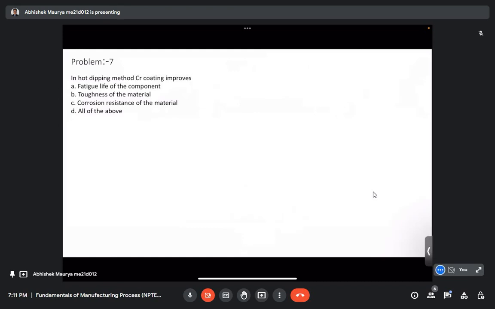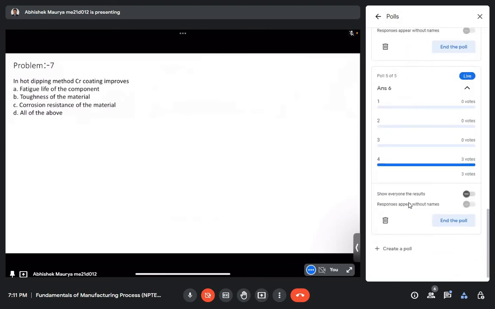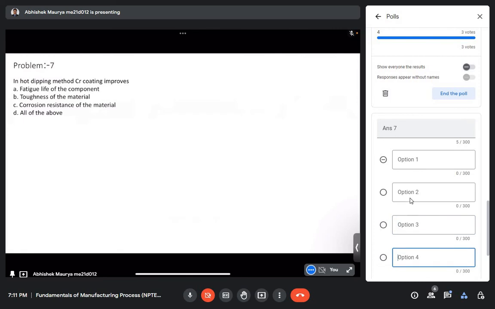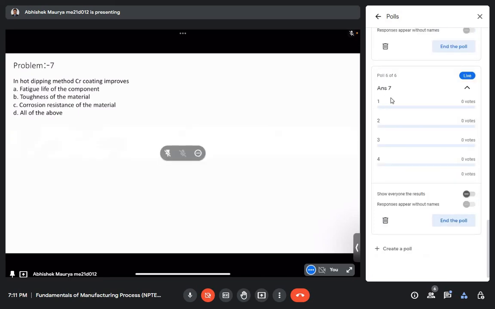please read the problem and try to give the answer in the polling section. Polls are live. You can give your response there.